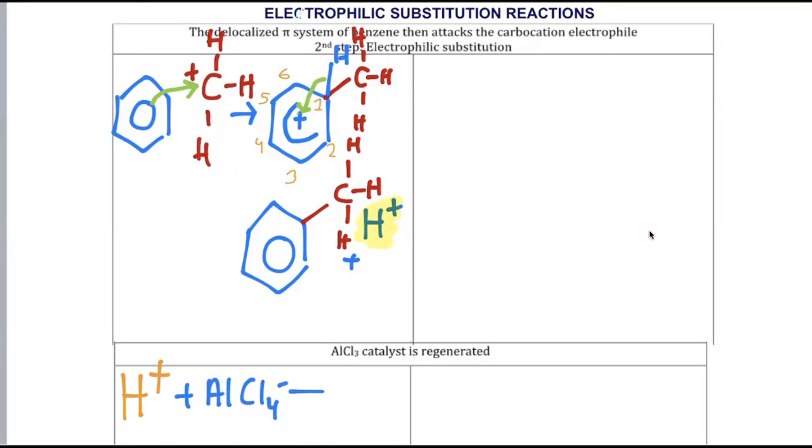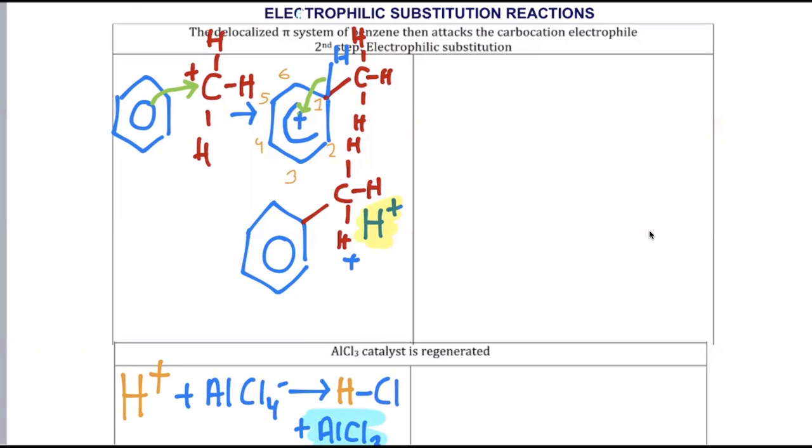What happens is the H plus will combine with the Cl minus. When H plus combines with Cl minus, they cancel out, become neutral, and form HCl. This is how you get HCl from your overall equation. Now, AlCl4 minus, once it has lost one chloride ion, becomes AlCl3. So AlCl3 is your catalyst, and we have regenerated our catalyst.